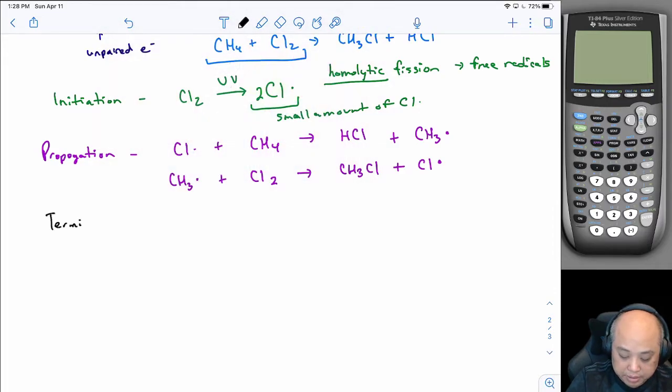Once you get an abundance of these free radicals, they start colliding with each other. This is where termination happens, because when two free radicals collide with each other, they form a normal bond and become stable.